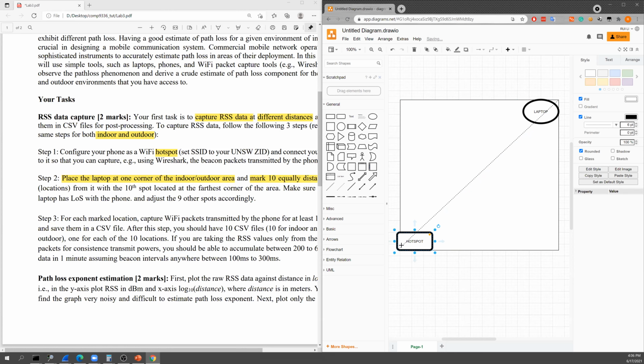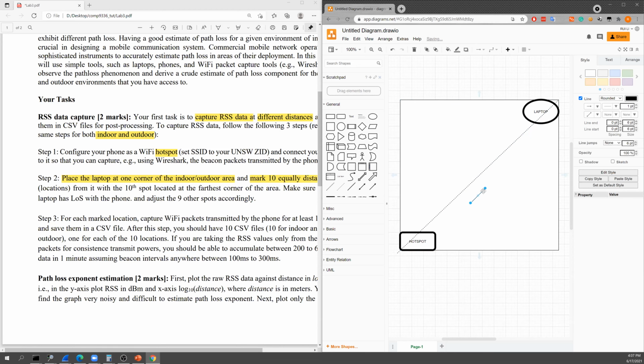Then what you need to do is start capturing at the longest distance first. After this capture, you move forward toward your laptop and start capturing again, and move forward again, and just do this 10 times. What you need to make sure is that each distance should be equally split.